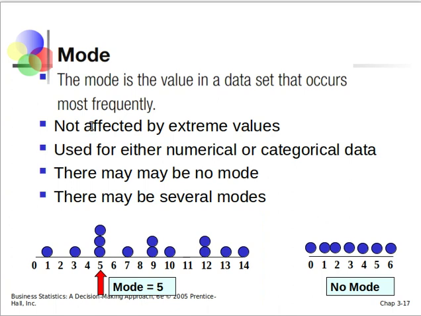Also like the median, it is not affected by extreme values. And it is used for either numerical or categorical data. Remember categorical data like gender, male, female, marital status, single, married, divorced, separated, and the like. Those are categorical data.